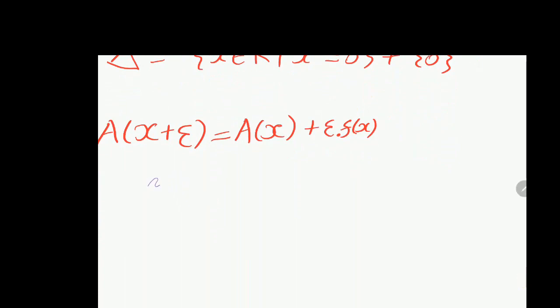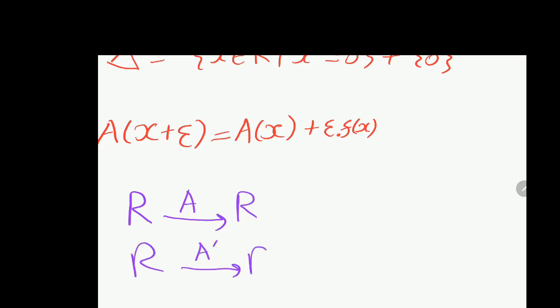The thing is that this function A here for our area, well, we can think of that as a function from R to R. And so this function is going to have a derivative, which we can call A dash. And what's the definition of A dash of x?